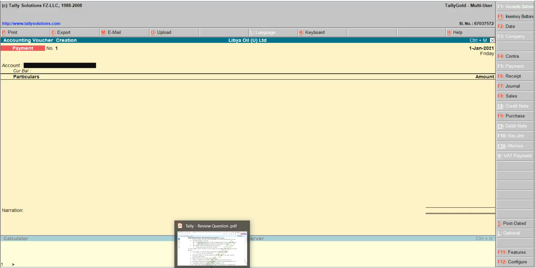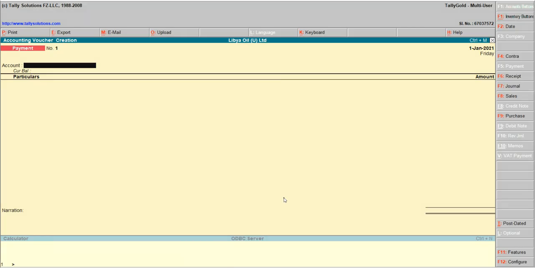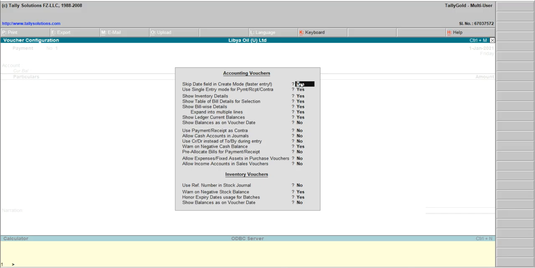So accrued expenses paid from Exim Bank. These are payments. So we are going to use the payment voucher. But you're going to configure. You have to use accounting vouchers. You should not use single entry mode for payment.